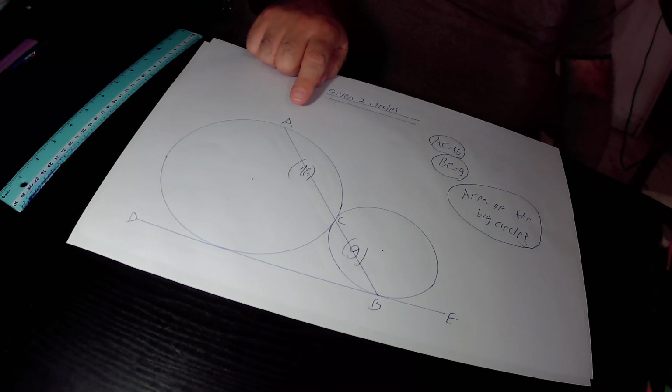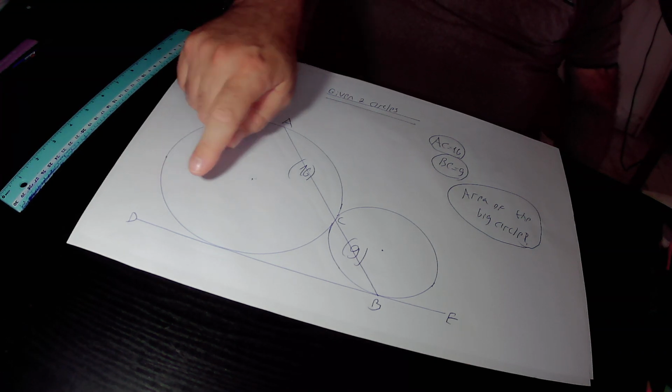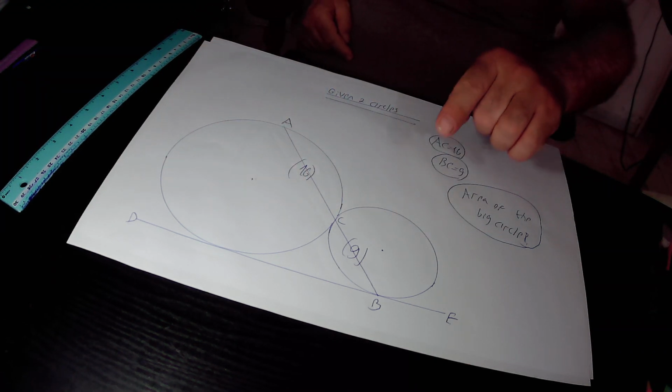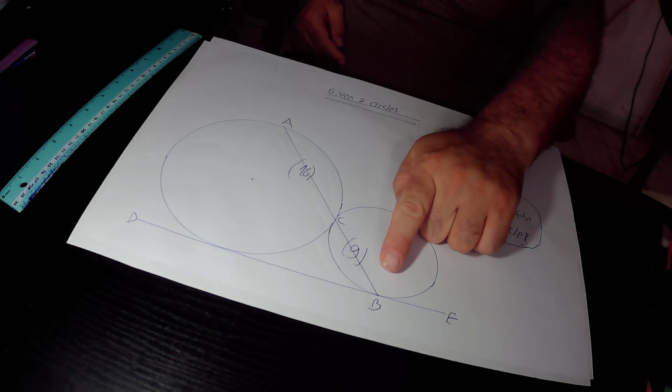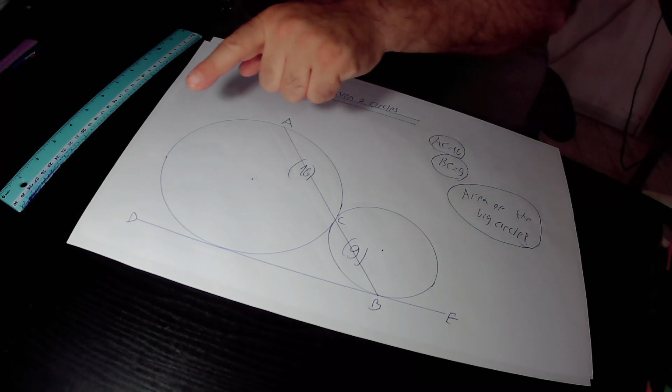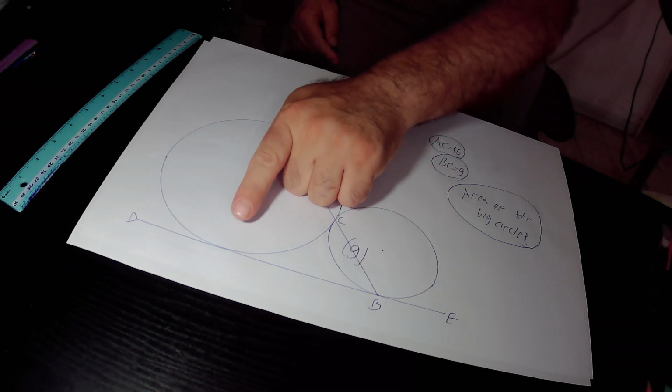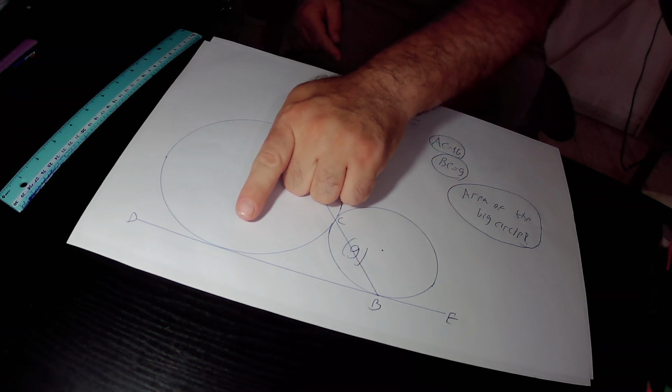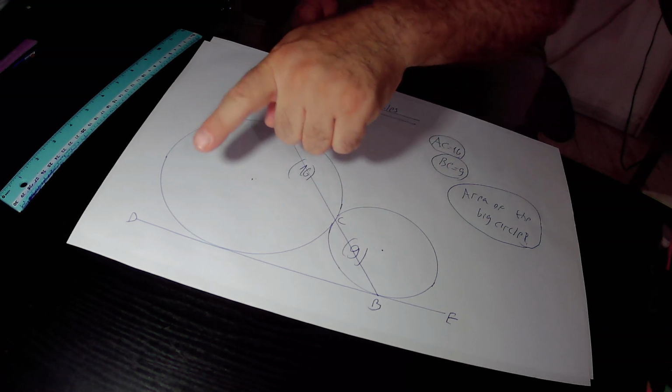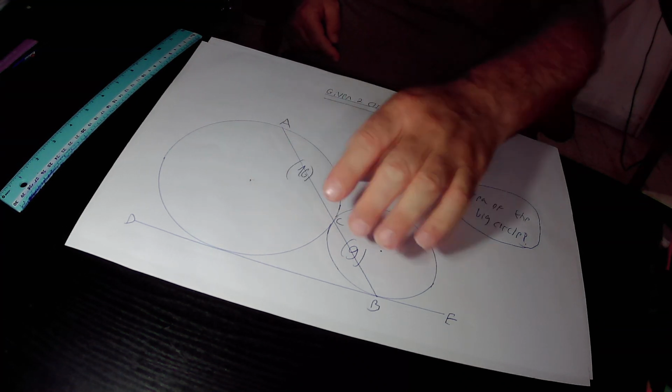We also have tangent DE, that is tangent to this small circle at point B. In addition, tangent DE is tangent to this big circle at this point, so we define the point of tangency of the big circle with tangent DE. This point is point M.